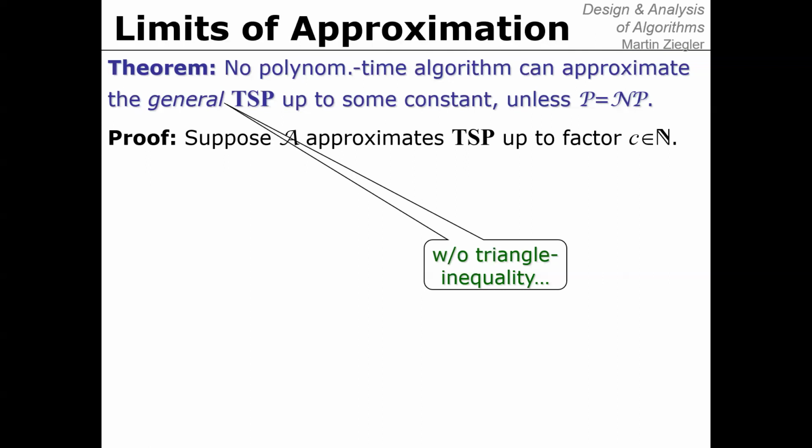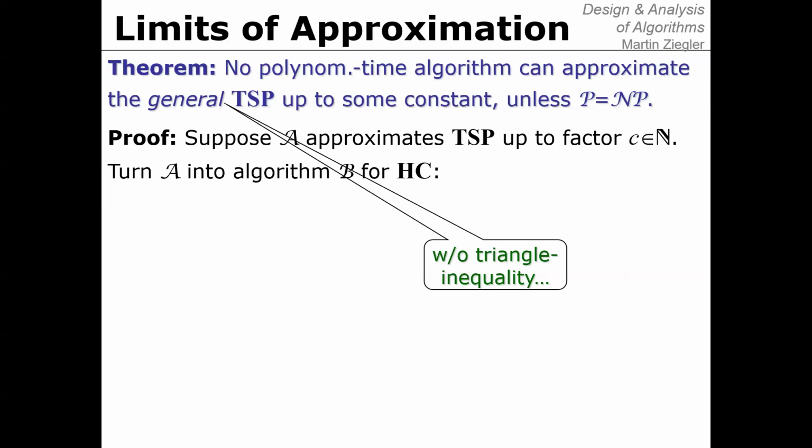And use that algorithm to solve an NP-complete decision problem. This algorithm A is for the minimization problem, non-metric TSP. And we're going to use that to solve an NP-complete decision problem, namely the Hamiltonian circuit problem.